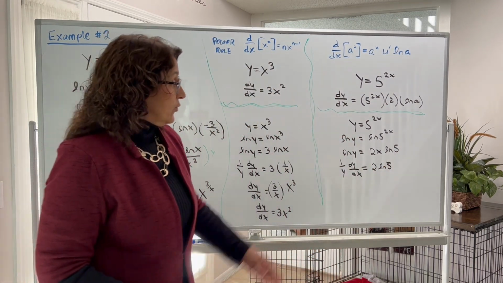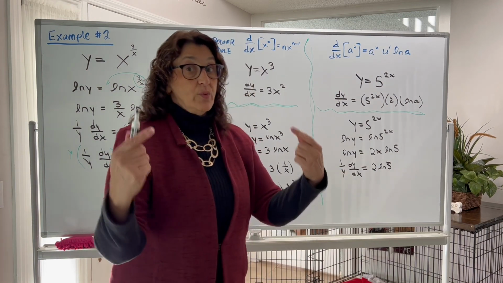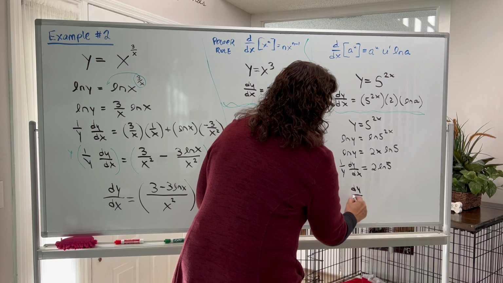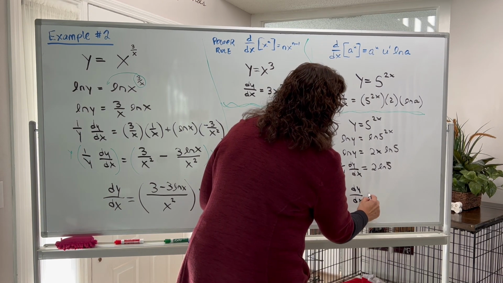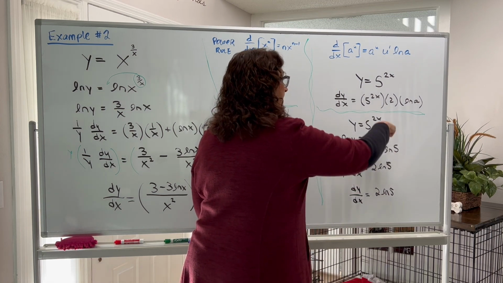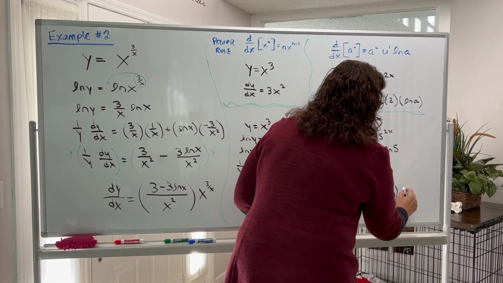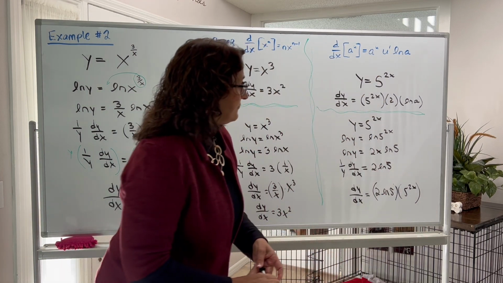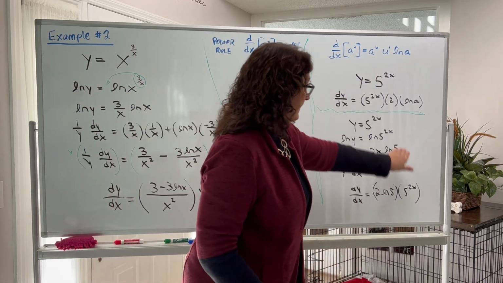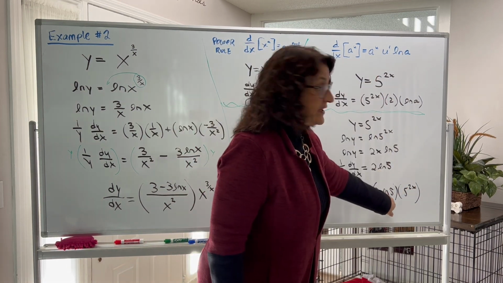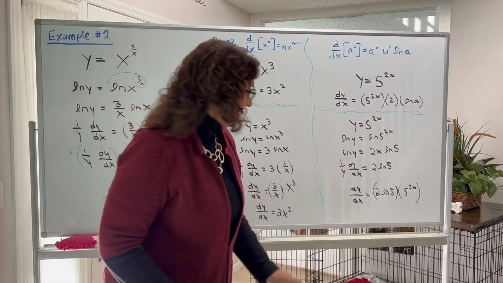We don't want 1 over y dy dx, we just want dy dx, so multiply both sides by y. You get 2 ln 5 times y, but instead of y, we put in 5 to the 2x. So here you see all your pieces: the entire exponential function, times the derivative of the exponent, times natural log the base.